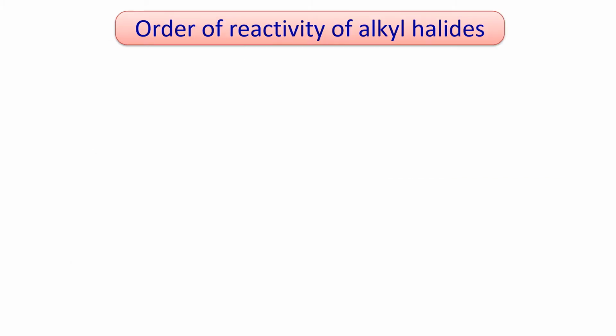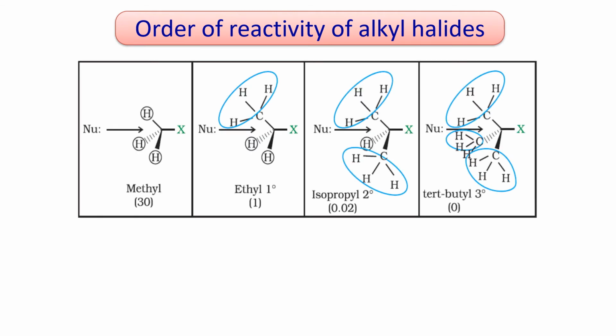Let us see the order of reactivity of alkyl halides. Bulky alkyl groups attached to the C-X bond make the backside attack of nucleophile difficult due to steric hindrance and thus decrease the reactivity of alkyl halide towards SN2 mechanism.